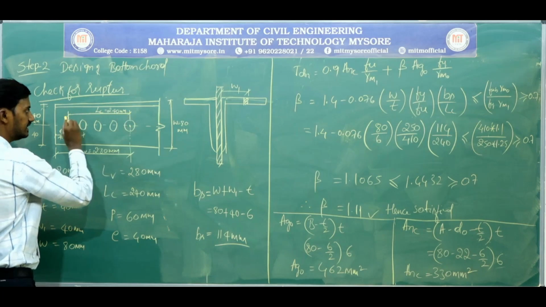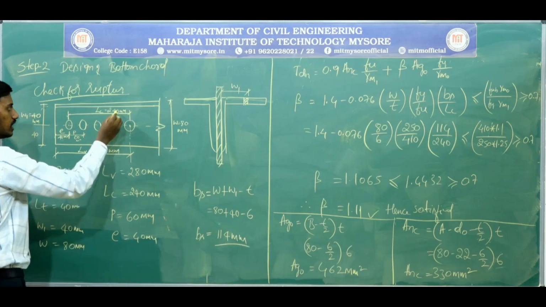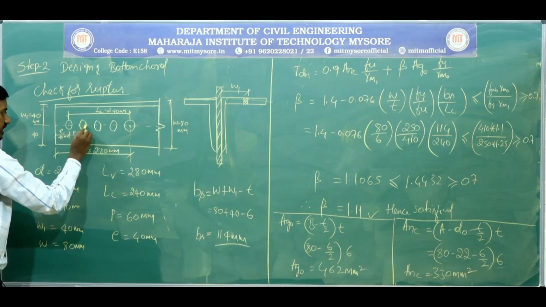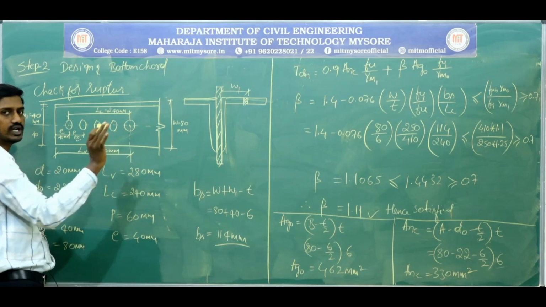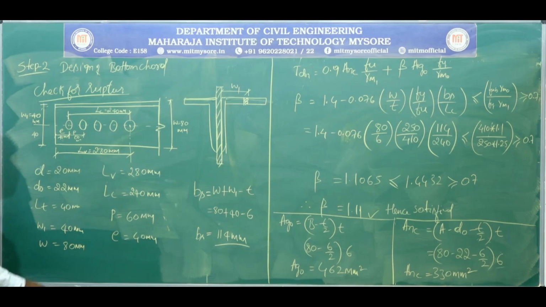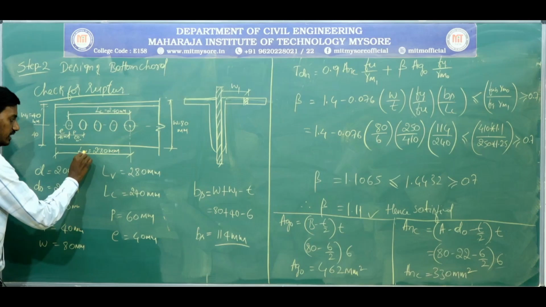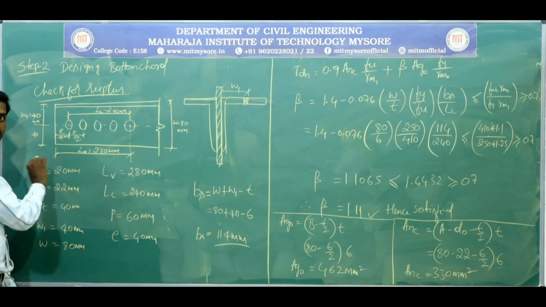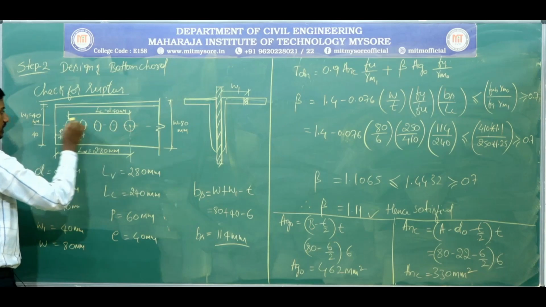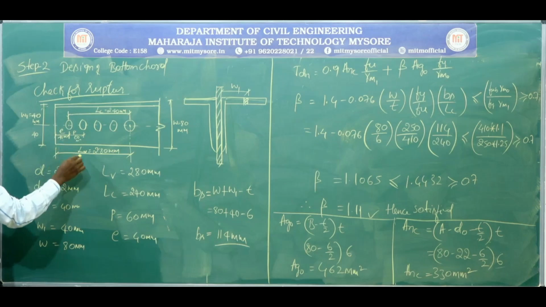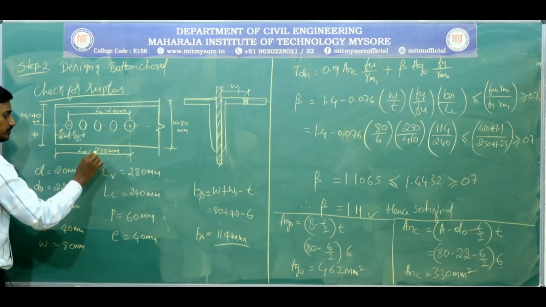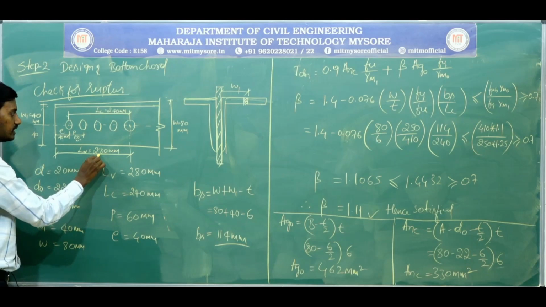So here this is Lc, that is length of the connection, 240. How did this 240 come? Pitch distance is 60, 60 plus 60 plus 60 plus 60, 4 times it is equal to 240. Same way, length in the shear plane, that is from this bolt to the edge of the plate, for this 240, another 40 is added, so length will become 280 millimeter.